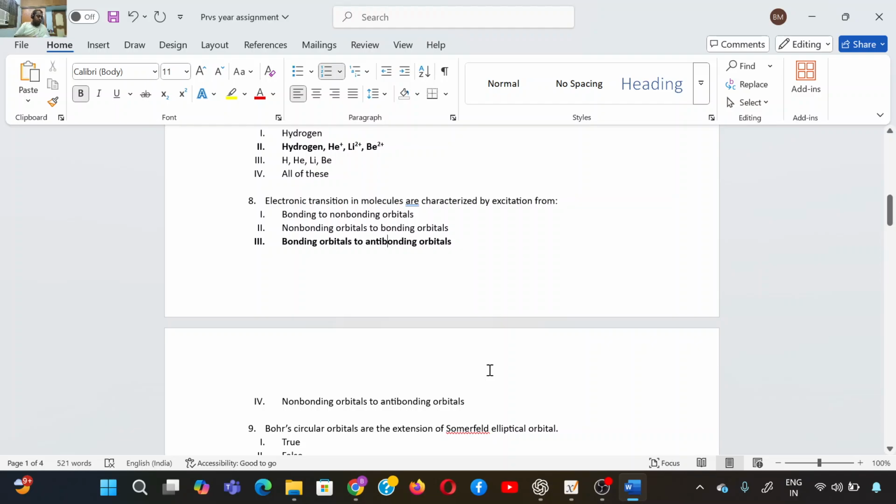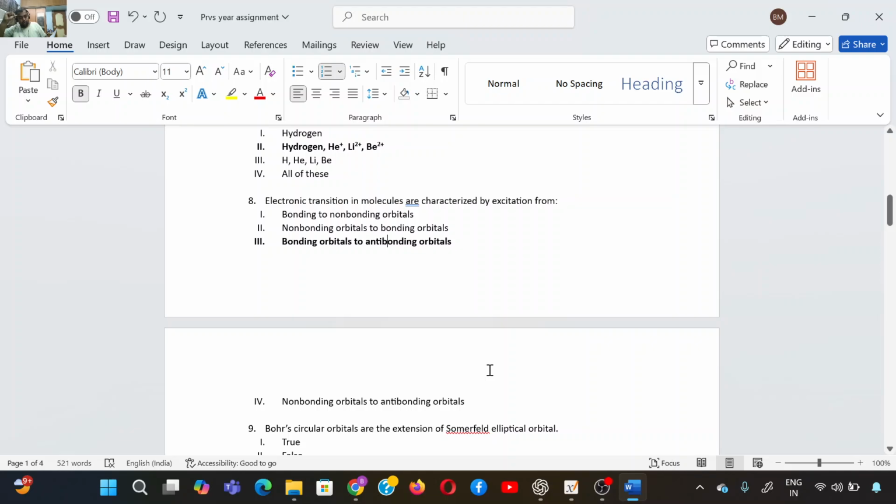If you look at the definitions, I think this is from the previous class. Bonding means there is a constructive overlap which increases electron density between nuclei, and anti-bonding is destructive overlap which creates zero electron density.